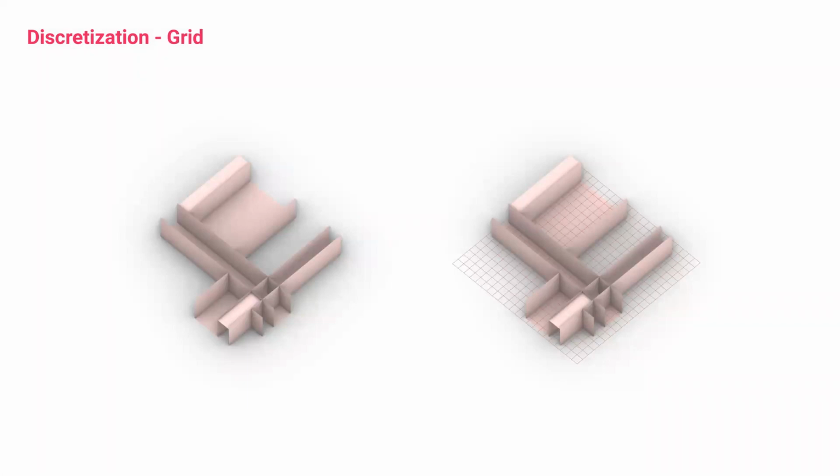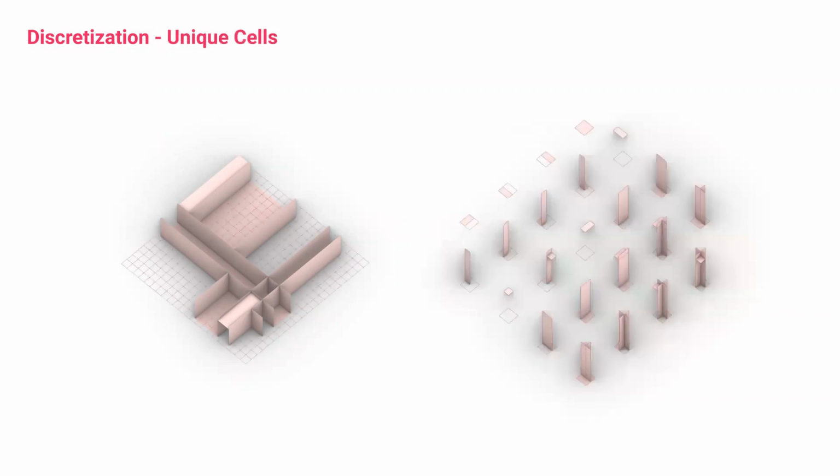First of all, we overlay a grid or underlay a grid on the 3D geometry. Of course, the number of cells of the grid, the size of the cells of the grid, all of those are flexible. This is an illustrative example. And once the grid is underlaid, we can identify how many unique cells do we have in this geometrical system.